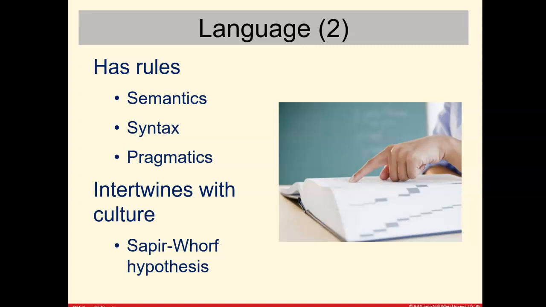So, for example, the word yellow or yoga, yes or young, they all have a certain meaning. So this is where language then has its meaning.